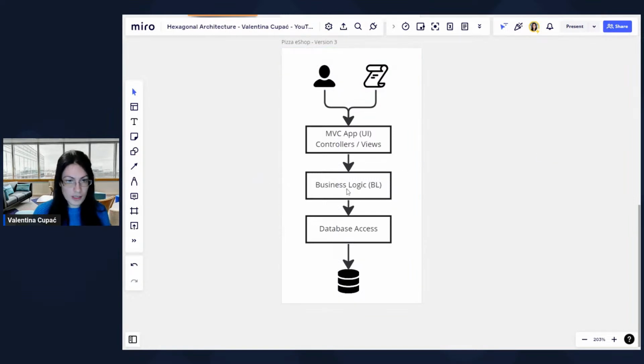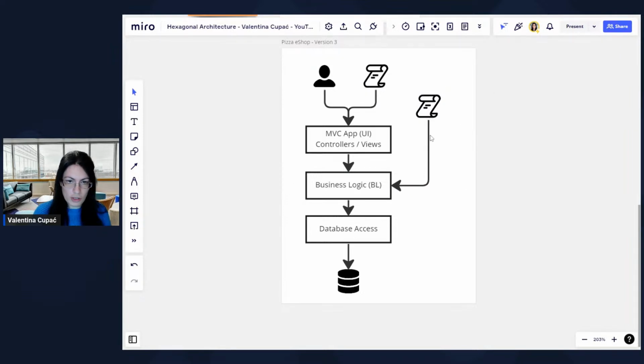So, since the team has introduced this kind of layering, it also means that they are able to have tests. Some tests still do remain in terms of calling the UI, but certain tests can call the business logic directly.